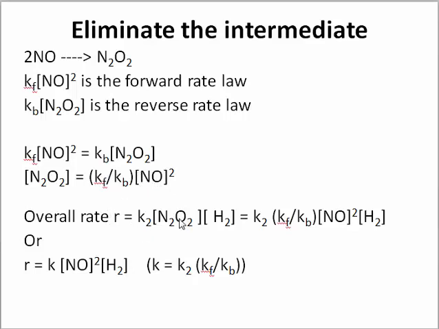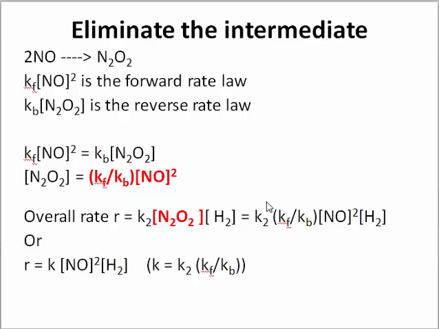If the overall rate is k2 times N2O2 times H2, we can then replace N2O2 in the overall rate law here with the expression we obtained for N2O2 from up here.